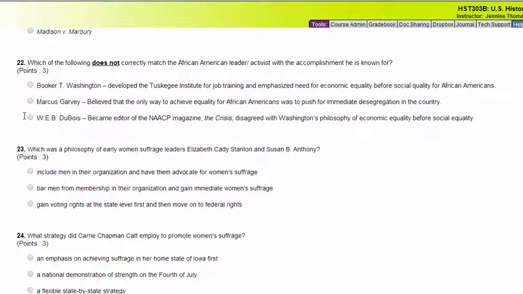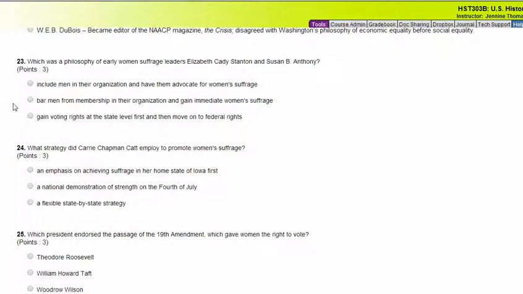Number 23, which was a philosophy of early women's suffrage leaders Elizabeth Cady Stanton and Susan B. Anthony? To include men in their organization and have them advocate for women's suffrage, bar men from membership in their organization to gain immediate women's suffrage, or gain voting rights at the state level first and then move on to federal rights.